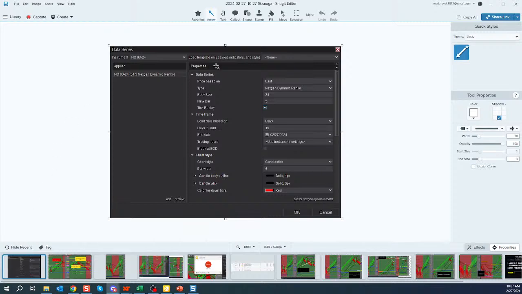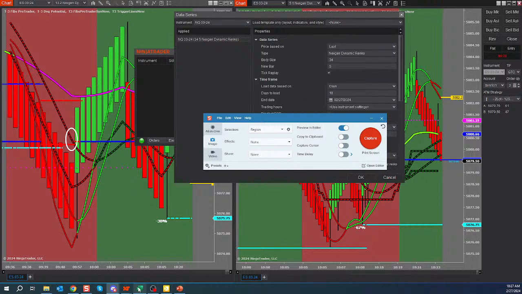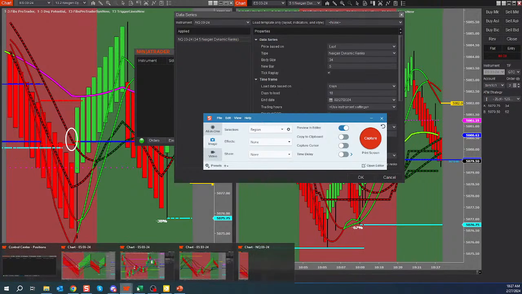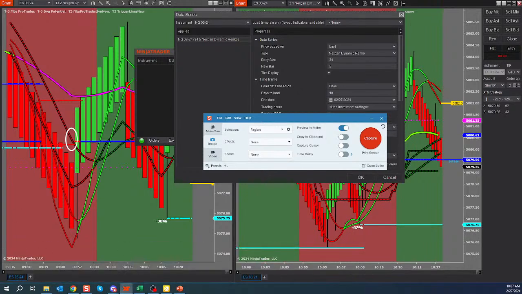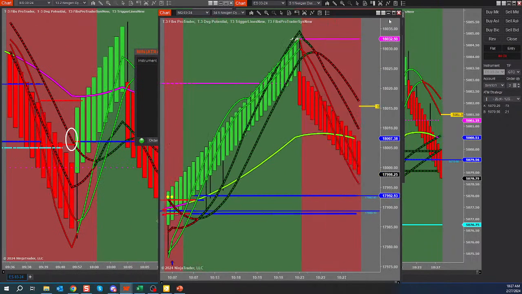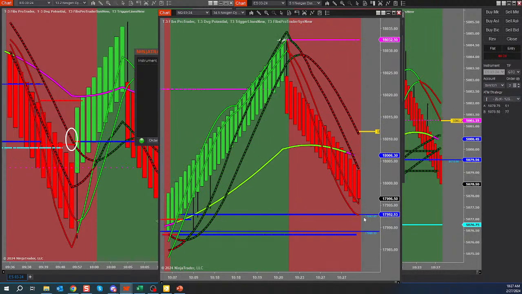And make sure you get the template in there as well, the 34.5. And then what happens is that chart comes up and you can see that I have native fibs. I also have a synthetic fib down here.